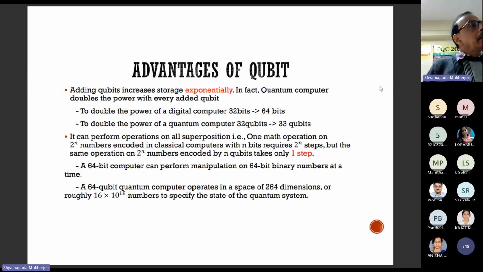And what is the advantage of a quantum computer? Why do we need quantum computation? It also deals with computational complexity. What is computational complexity? For example, suppose I want to determine whether a number is even or odd. The number may be a 6-digit number, or a 10-digit number, or a 9-digit number.